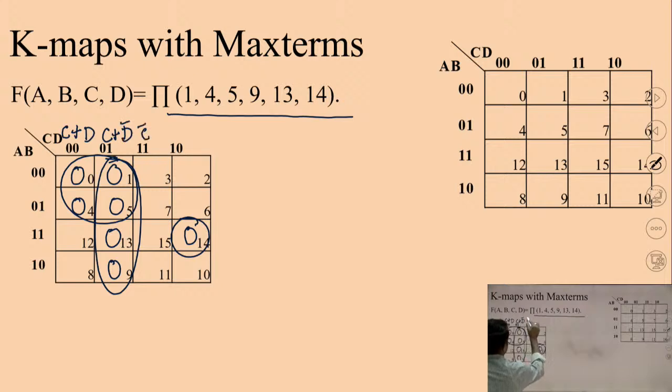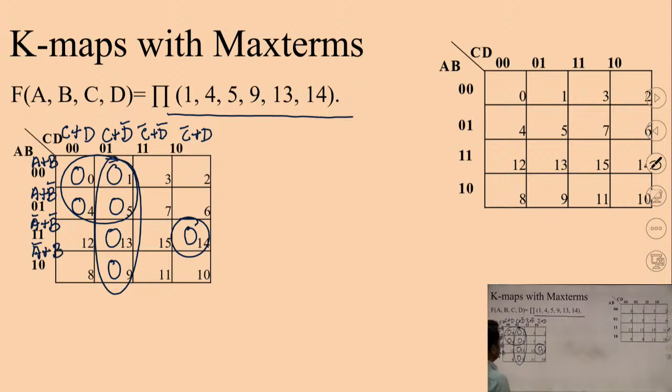This is C bar plus D bar, this is C bar plus D. Similarly this is A plus B, this is A plus B bar. Third one will be A bar plus B bar, and this last one will be A bar plus B.